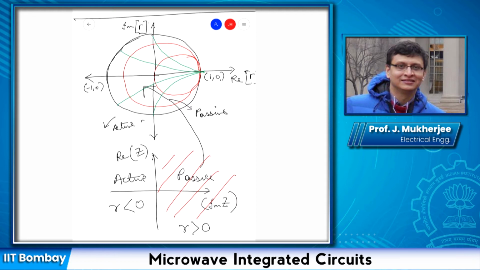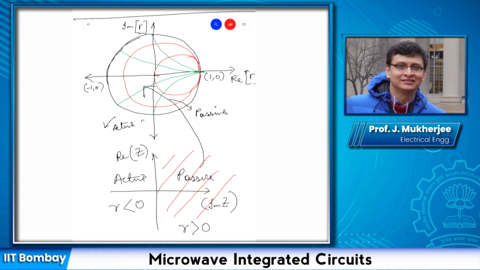Whereas on the Z plane, the region occupied by passive devices is infinite, right? So that makes it difficult to visualize all impedances. Whereas here, we have now put all the impedances of passive devices at a single place. Whether it's infinite, then also it's here. Whether it's 0, that is also here.